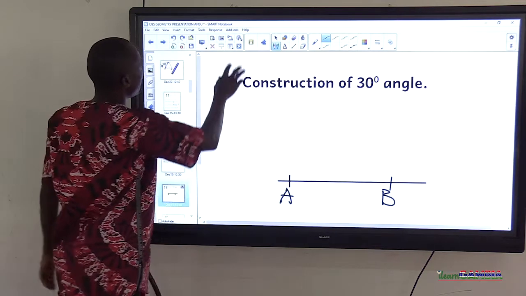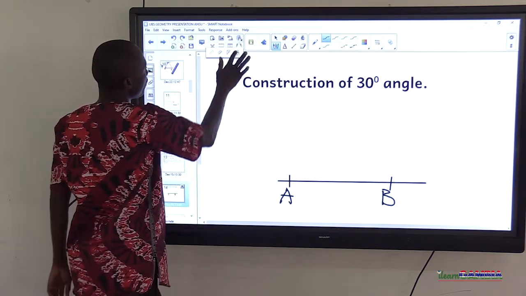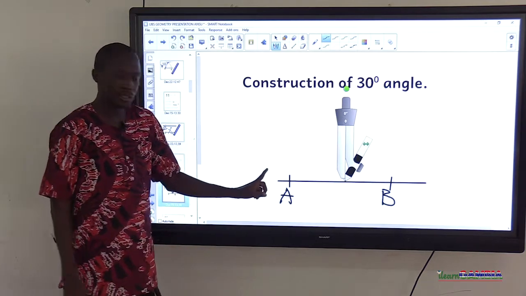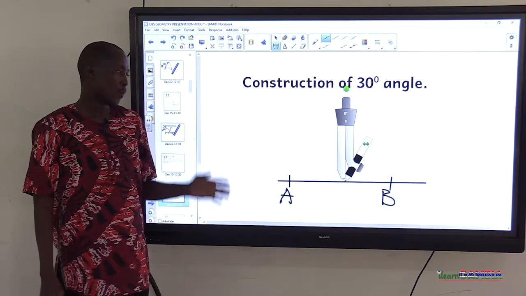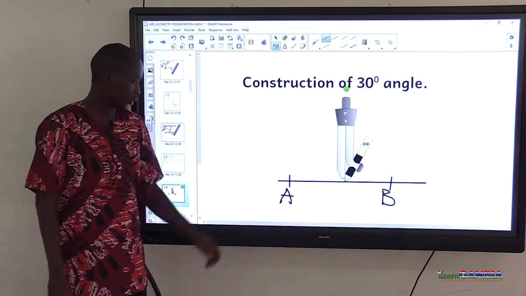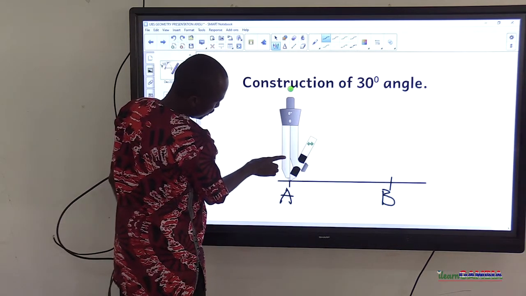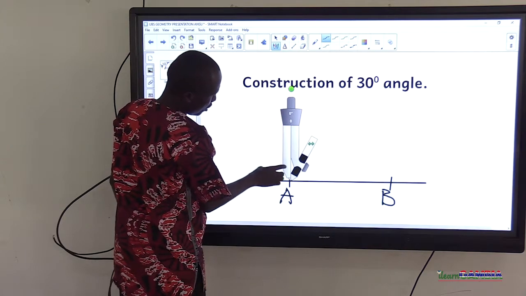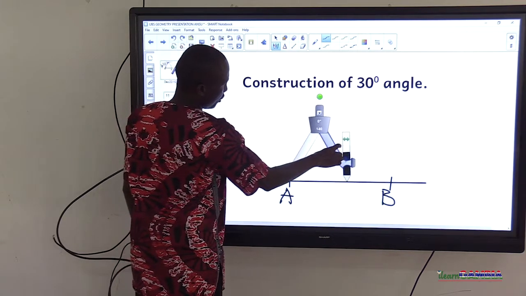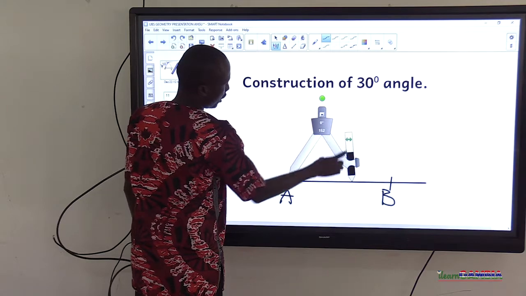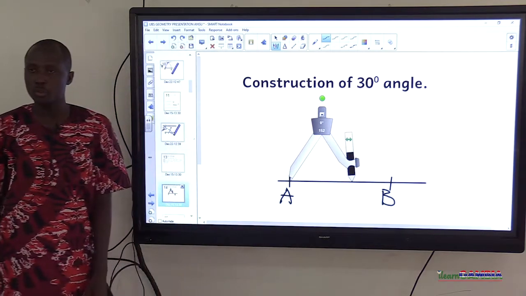I'll take my compass, then put the compass point at A, open to a convenient radius. Okay? And what do you do next?